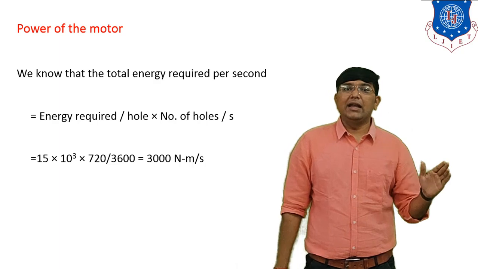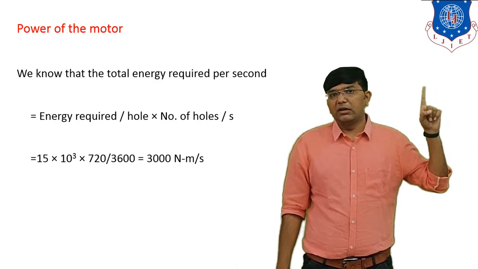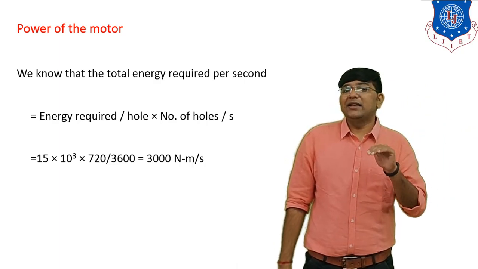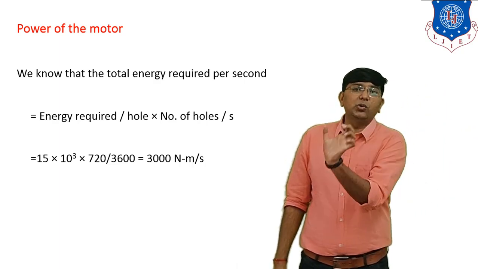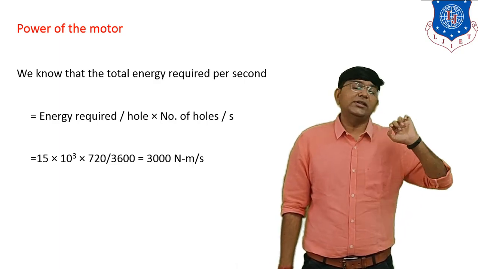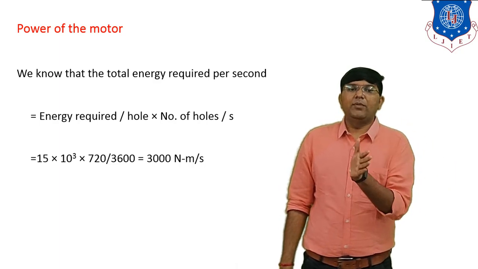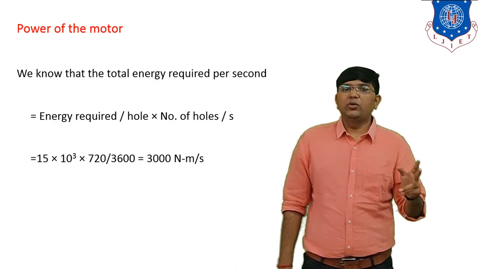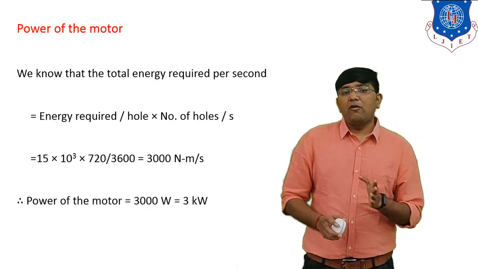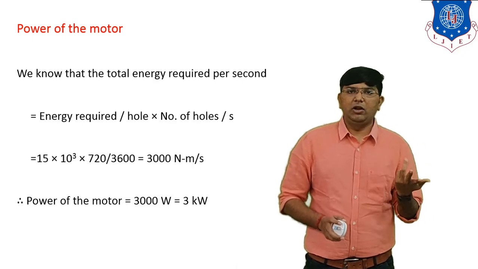Capital E1 indicates the energy required for one punching operation, that is 15,000 newton meter, and this energy is supplied over the 2 seconds, because the actual punching operation takes 2 seconds. Clear? So for 1 second we deliver power 3000, for 2 seconds we have to supply power 6000. Clear? So the power of the motor is equal to 3000 watt or 3 kilowatt.